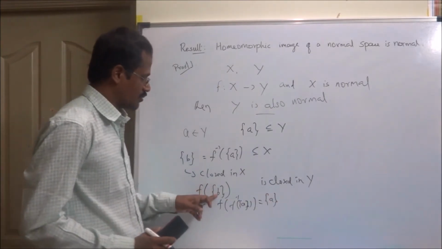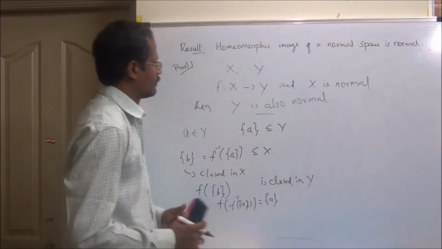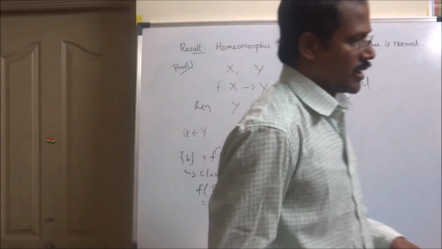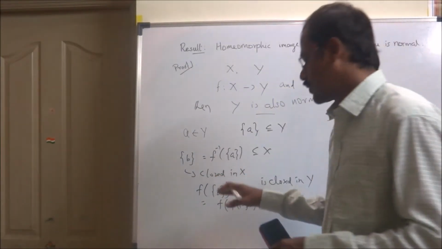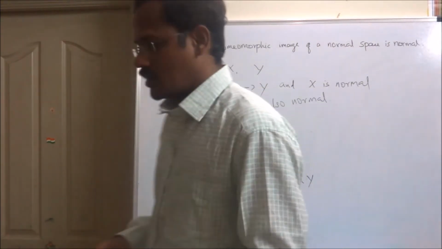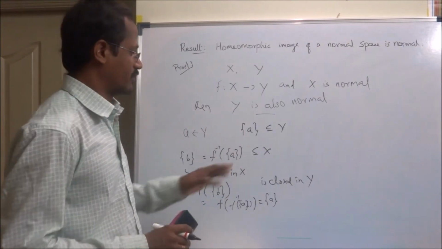So f of {b} is closed in Y, which means the singleton {a} is closed in Y. We have chosen an arbitrary point a in Y, and now we have proved that the singleton {a} is closed in Y. So the first condition for the space Y to be normal is verified.